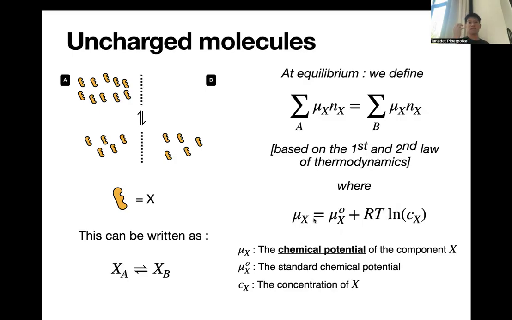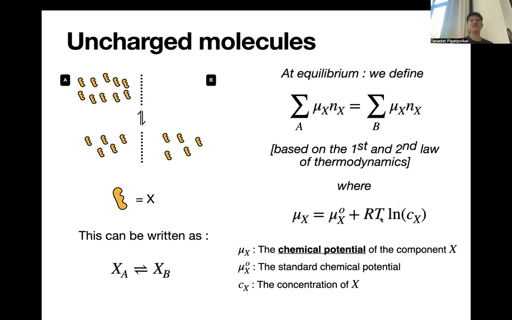Now, this chemical potential will dictate whether you can diffuse from one side to the other or not. And mu naught X is a constant specific to a molecule, to an ion, to a compound. R is a constant, T is a constant.